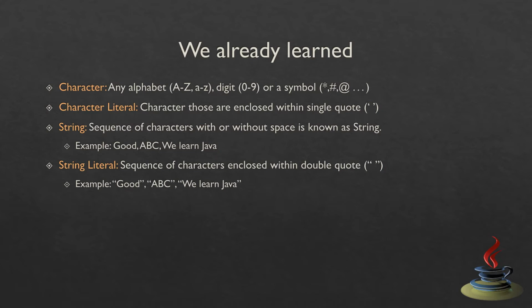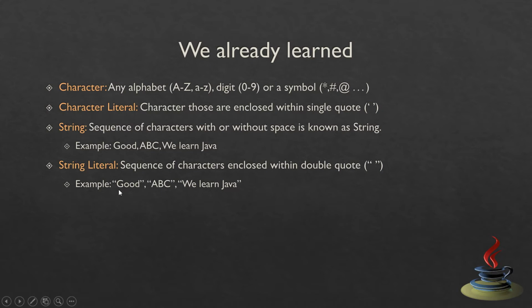So then what is a string literal, or string constant, in Java? You already know that: a sequence of characters enclosed within double quotation marks is known as a string literal. In single quotation marks, it is a character constant or character literal, but in double quotation marks, it is a string literal or string constant.